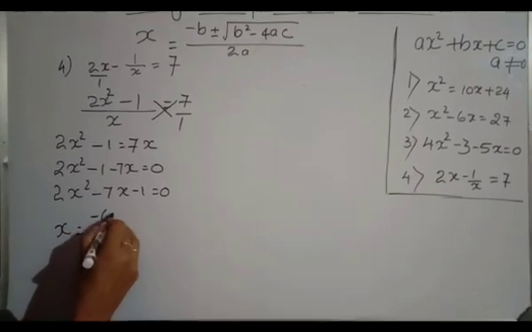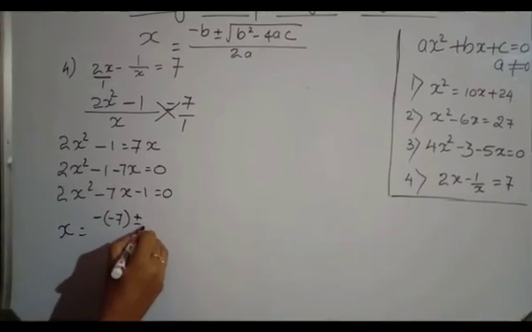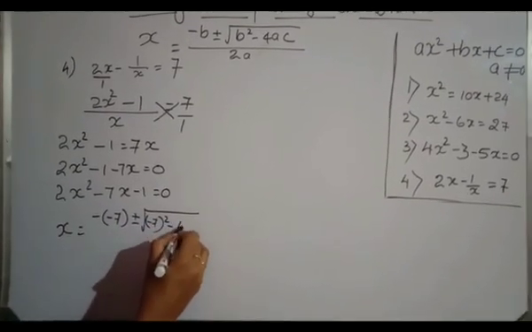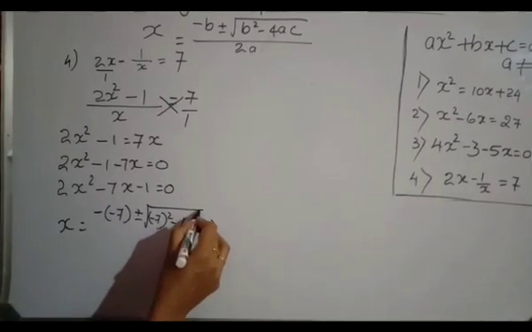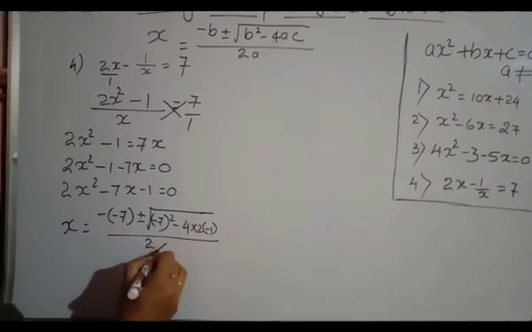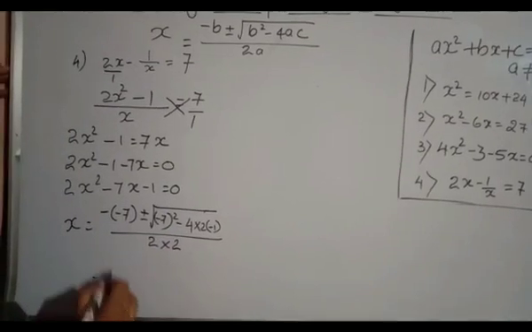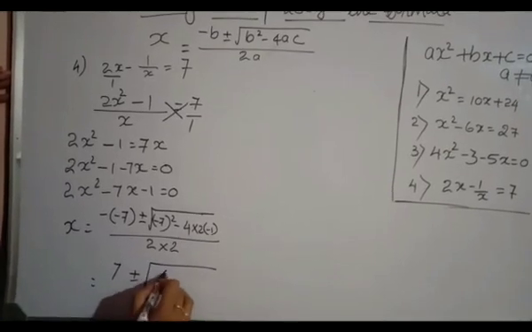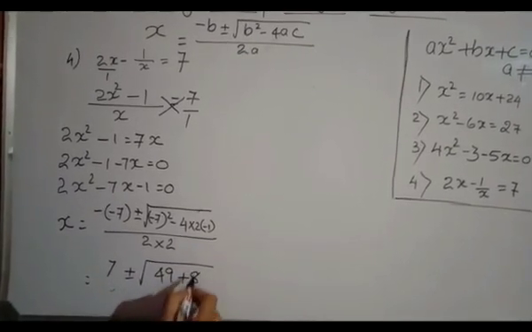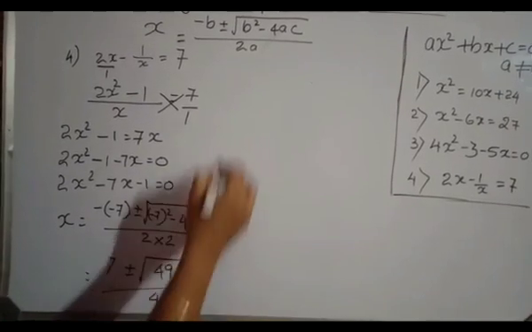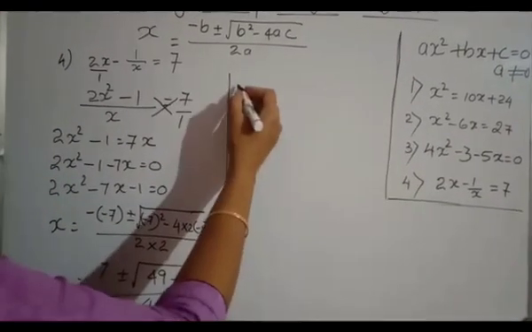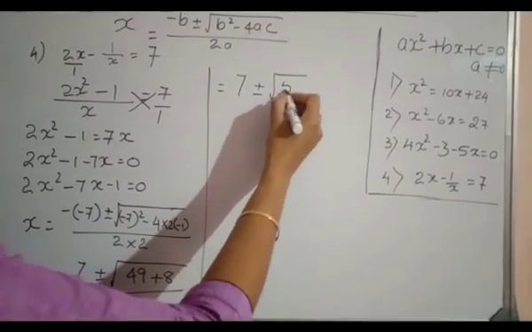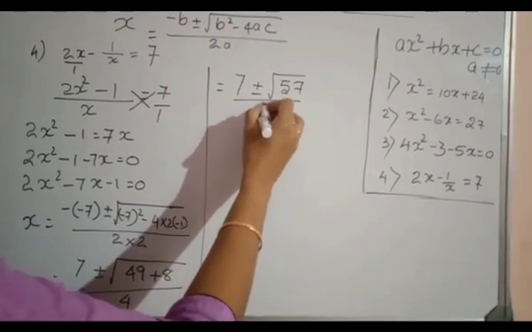So here, minus of minus 7 plus or minus root of (minus 7) whole squared minus 4 into 2 into minus 1, divided by 2 into 2. That's equal to, minus into minus is plus, 7 plus or minus root of 49 plus 8, divided by 4. That is equal to 7 plus or minus root of 57 divided by 4.